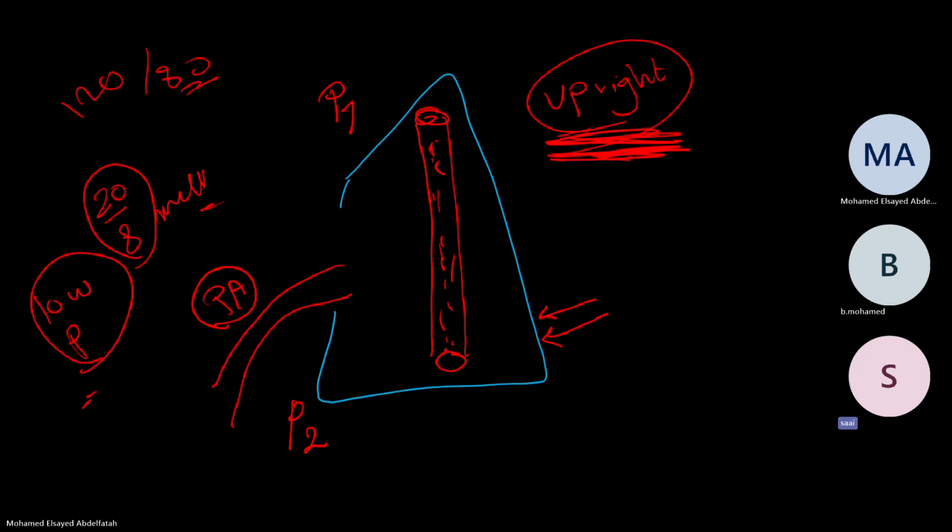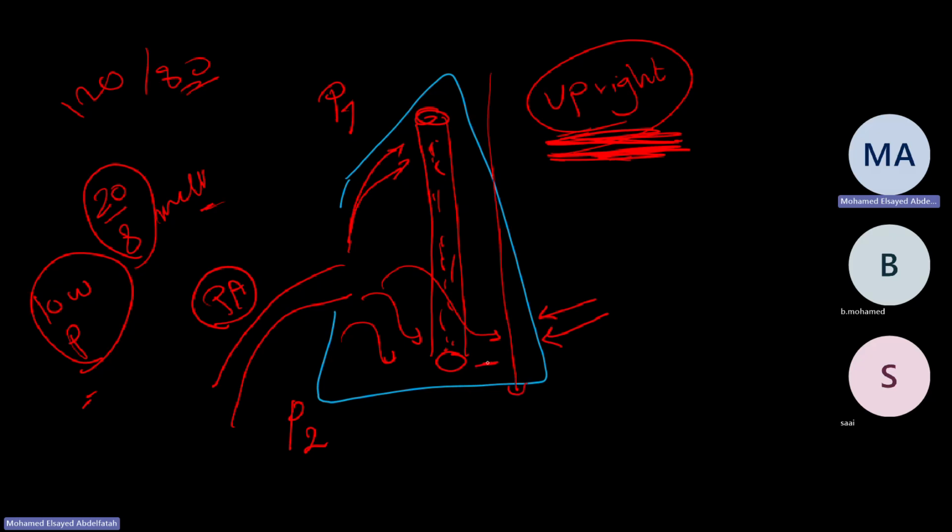Yeah, gravitational force. Okay. So the perfusion of the basal lung regions will be higher than that of the apical lung regions because of the length of the blood column. The length of the blood column is higher for the basal lung regions, and for the apical lung regions it will be shorter.